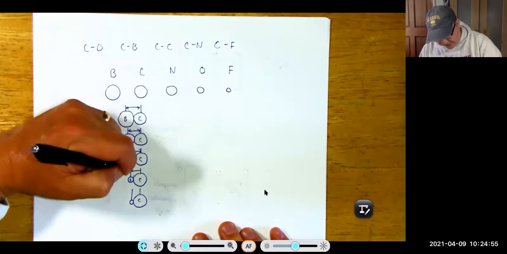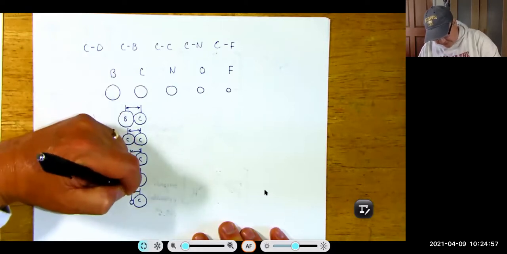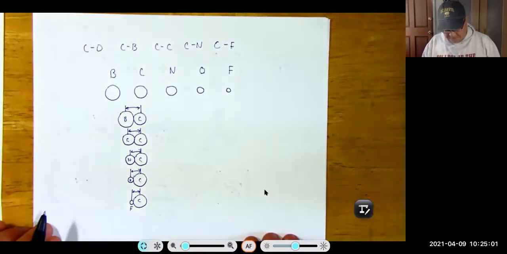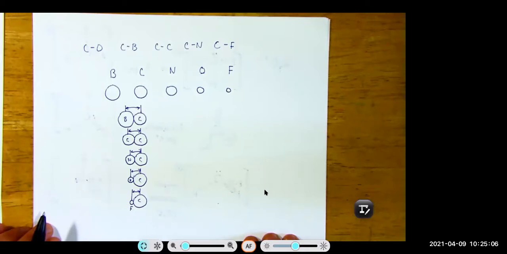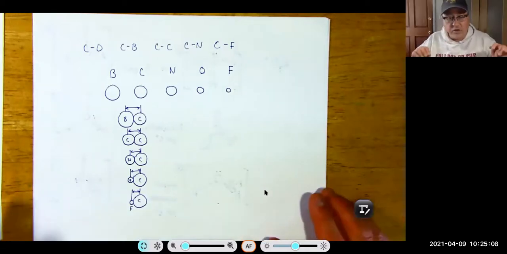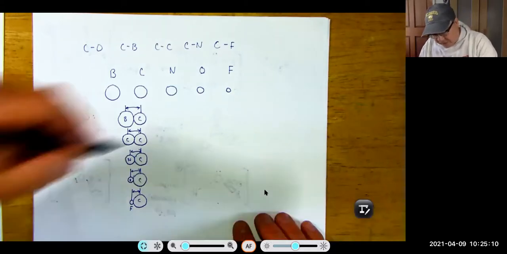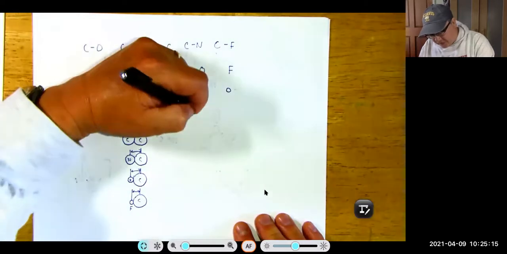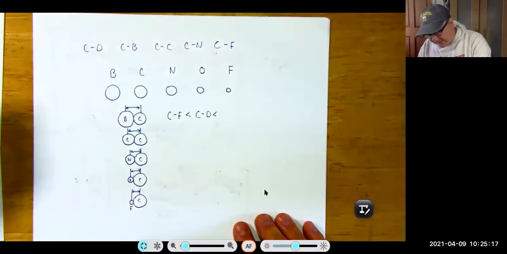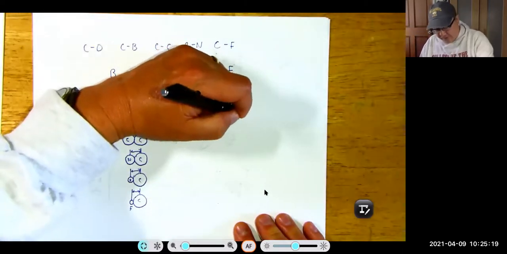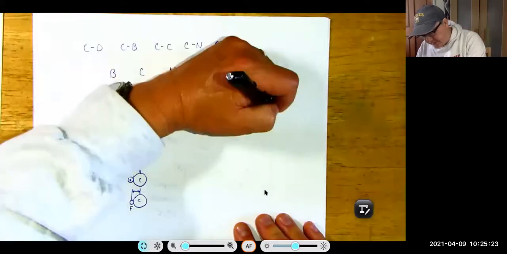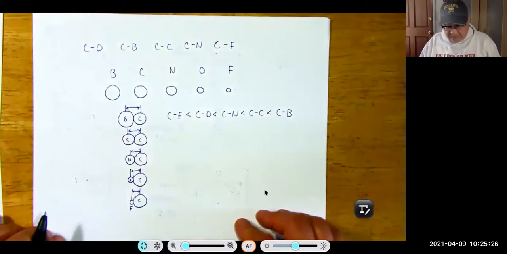This is an OC. And this is an FC. Are these lengths getting smaller? What do you think? Okay, so we're supposed to put them in order from short to long, right? So we're going to say CF is shorter than CO is shorter than CN is shorter than CC is shorter than CB. And that's how you would come to that conclusion.